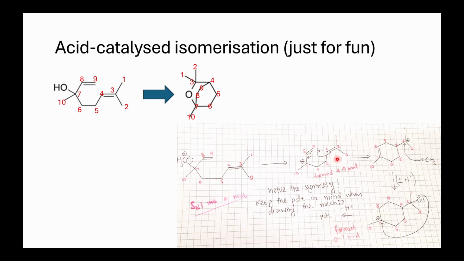One way to think of this is to imagine this positive charge is delocalized over these 3 carbons, and because of that, carbon number 9 is probably going to be slightly partially positive, and that's why this electron-rich pi bond will kind of attack number 9, so that the positive charge is going to be transferred to another tertiary site.